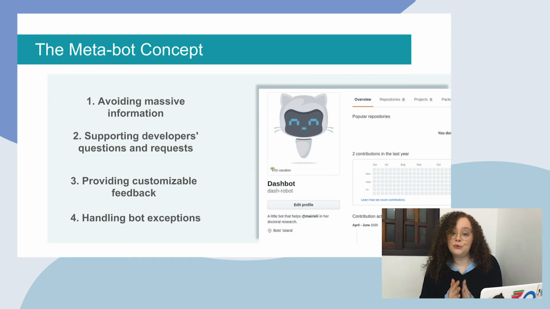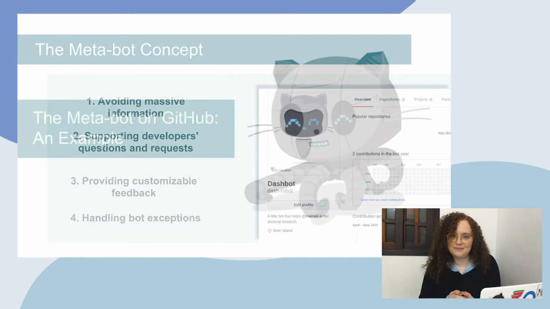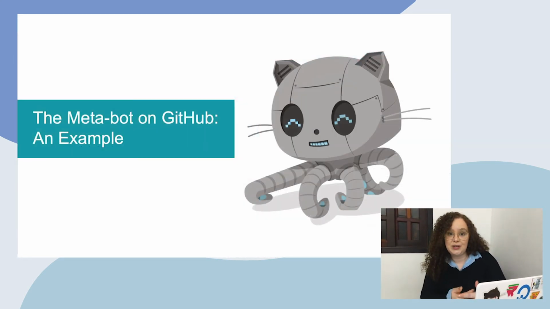Moreover, developers will be able to interact with the Metabot via comments using natural language. In addition, developers can customize the content of the feedback of the Metabot. And finally, if needed, the Metabot will help developers to deal with the consequences of bots taking wrong actions on pull requests.